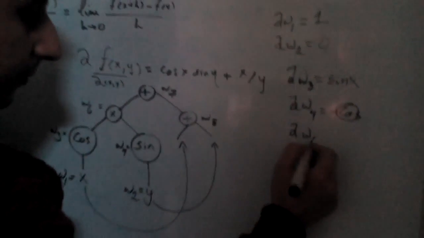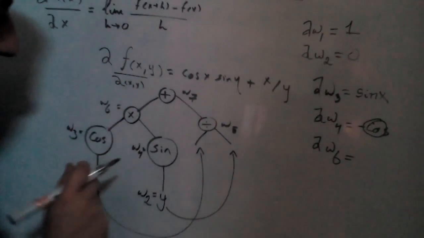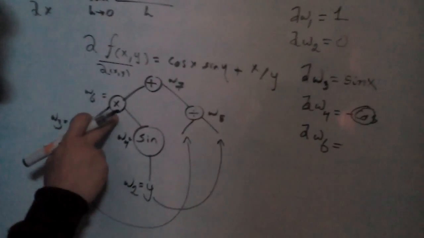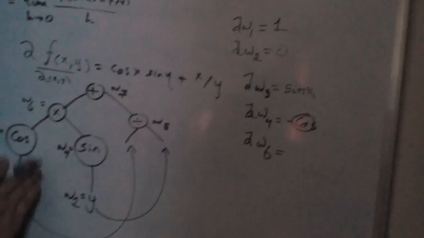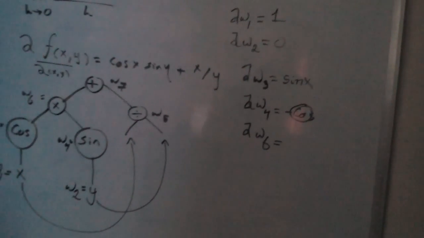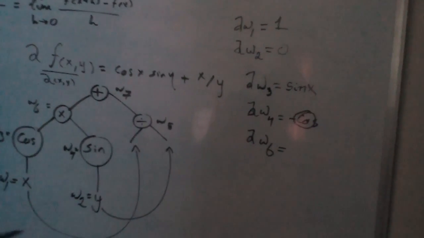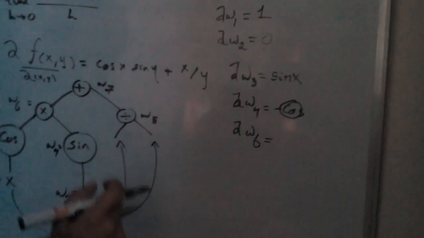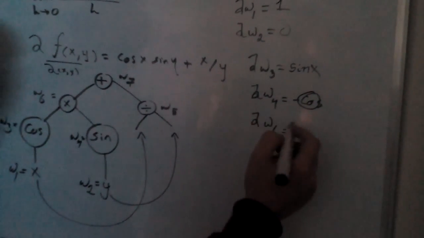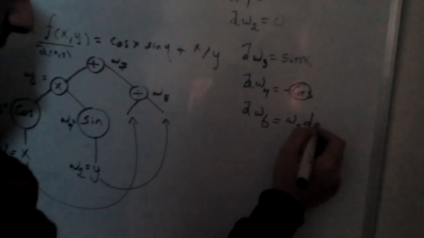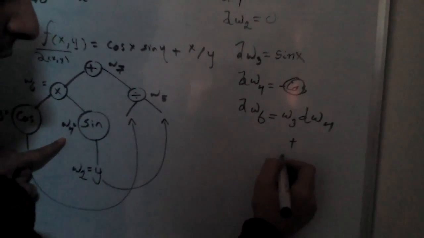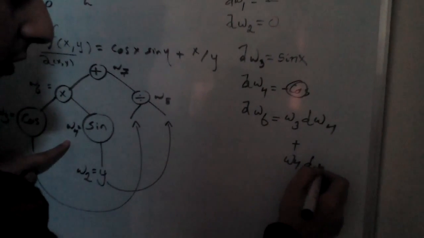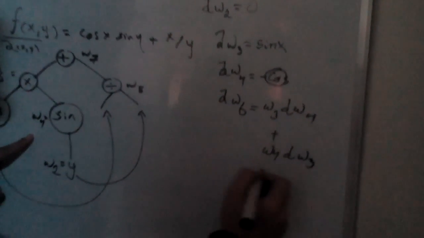And then d omega 6. Here it's getting rather tricky since this is a multiplication. So that will be what we have said: the first variable with the derivative of the second plus the second with the derivative of the first. So relative to x, cosine x sine y, that will be omega 3 d omega 4 plus omega 4 d omega 3.